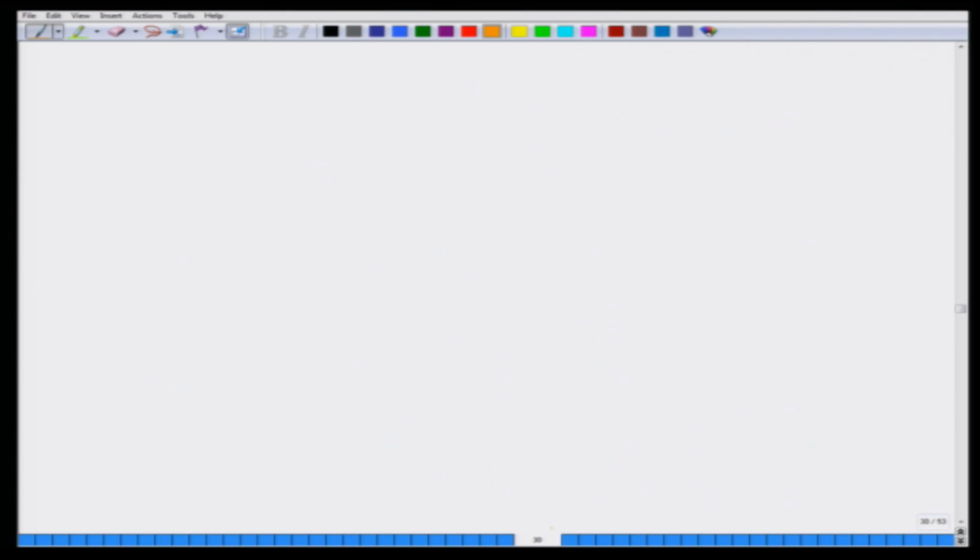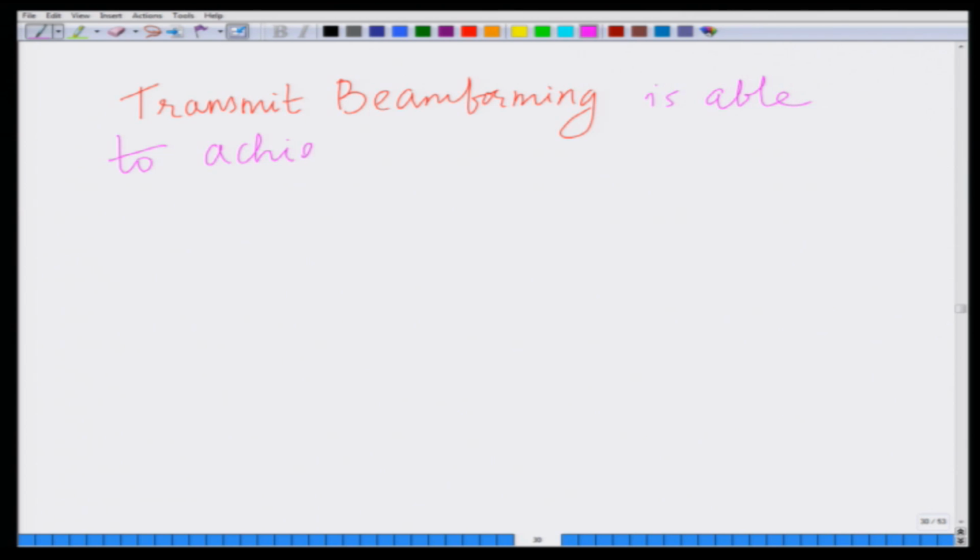So, transmit beamforming is able to achieve the same SNR as maximal ratio combining, right.